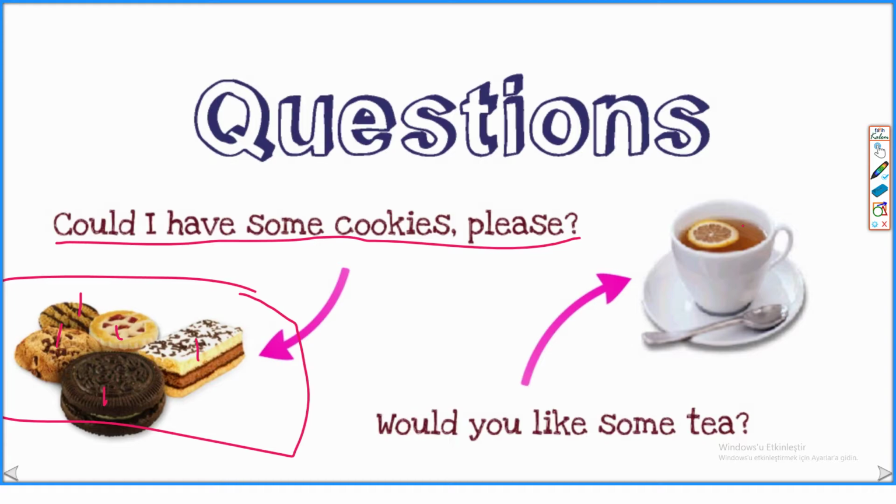I can't count the tea because tea is in the shape of a coffee mug, but I can count these guys. Could I have some cookies, please? And would you like some tea? Yes, I would like some tea. Or could I have some cookies, please? Yes, you could, and you can have some cookies from our house.